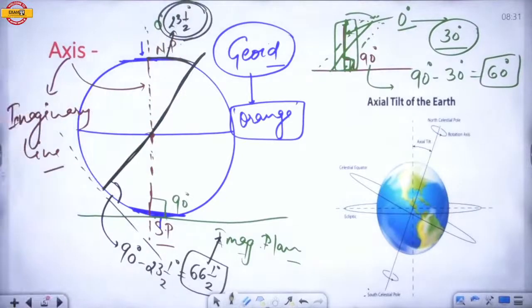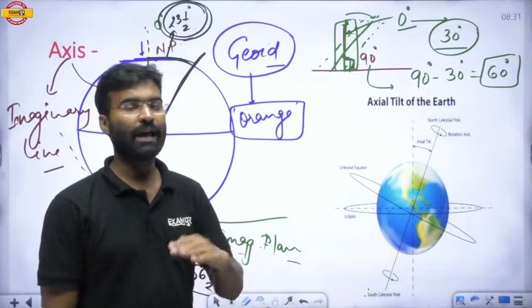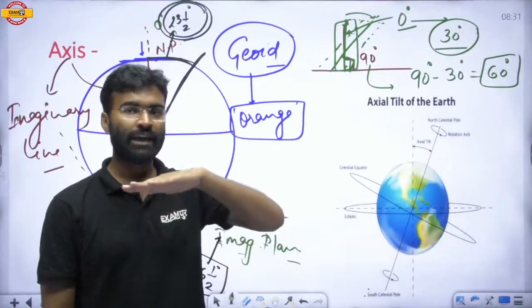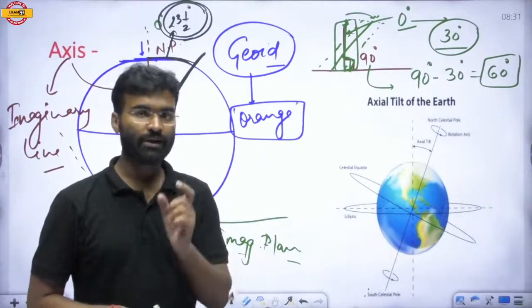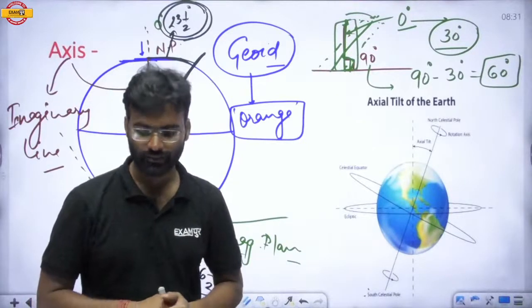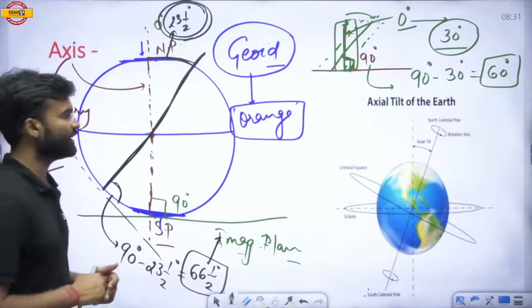So there are two angles, and you should know about these two angles. Earth makes an angle of 66.5 degrees on an imaginary surface, and Earth makes an angle from its axis of 23.5 degrees. So there is a difference, and you should know about these differences.